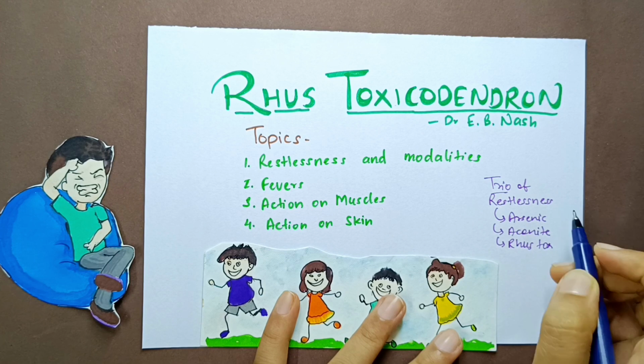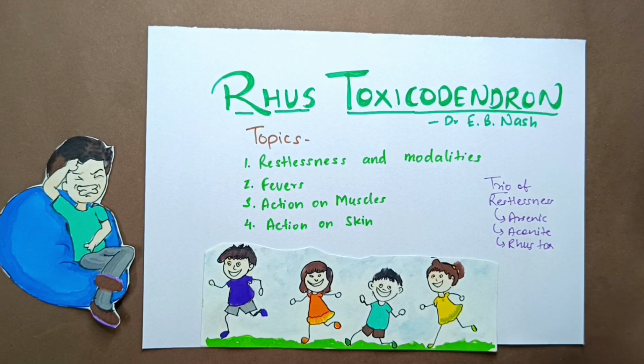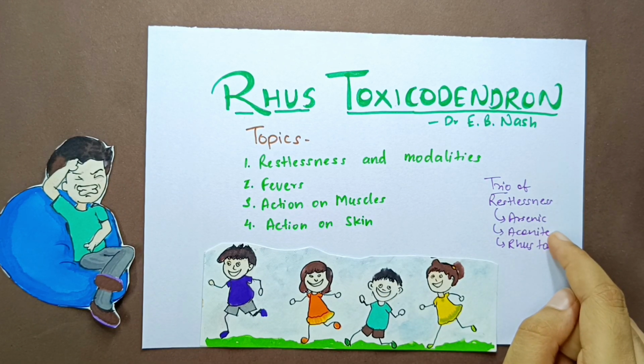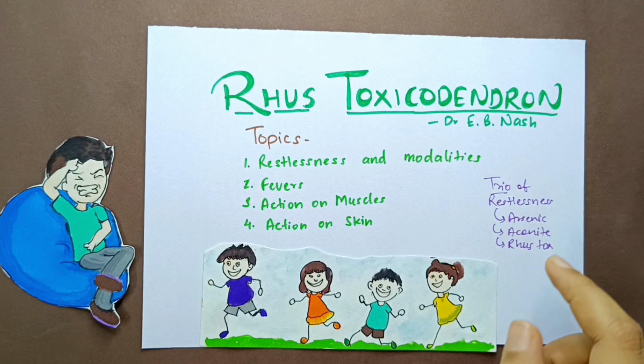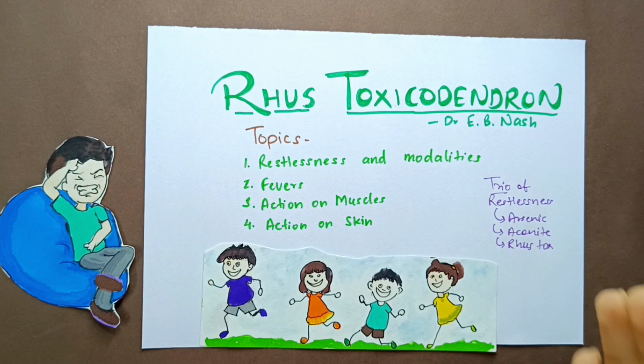We've already talked about arsenic and aconite. So today we're going to talk about Rhus Tox and complete the discussion on the trio of restlessness.